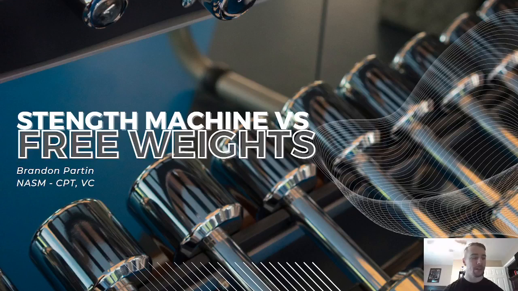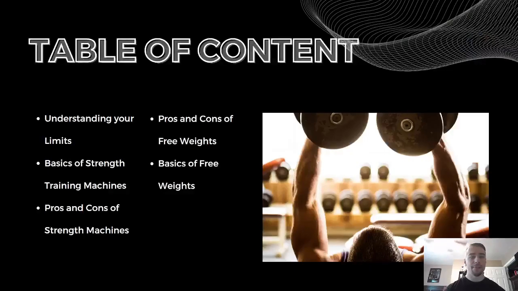So basically what we're talking about today is the difference between strength machines and free weights. I'm going to discuss various pros and cons as it relates to these two exercise modalities.